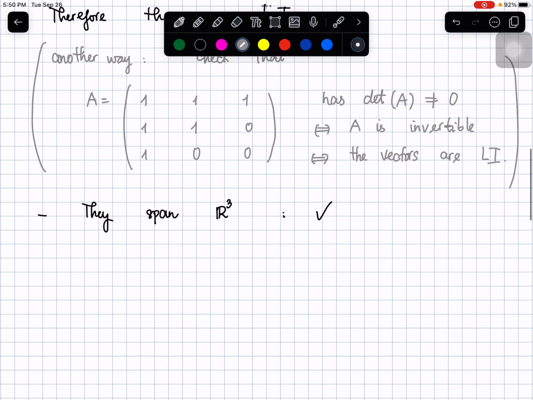The second step, checking whether the vectors span R3. How to check that?